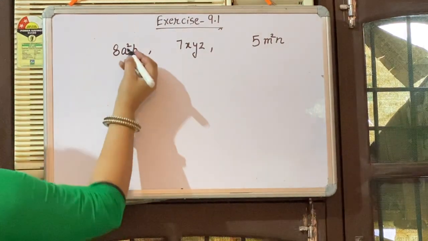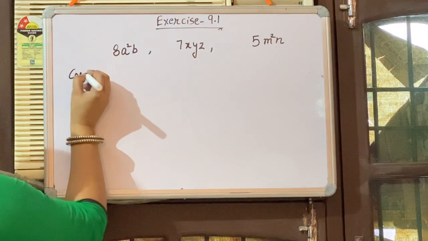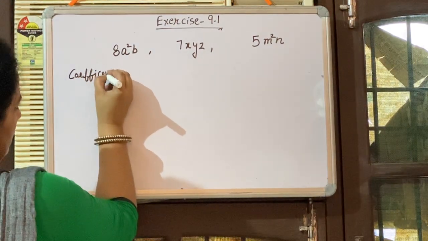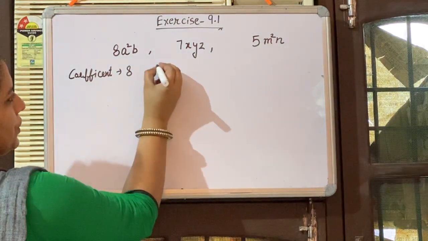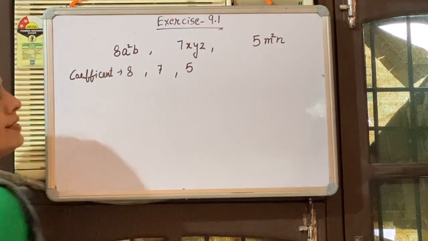In first term, we can say coefficient is 8. In second term, coefficient is 7. And in third term, coefficient is 5.